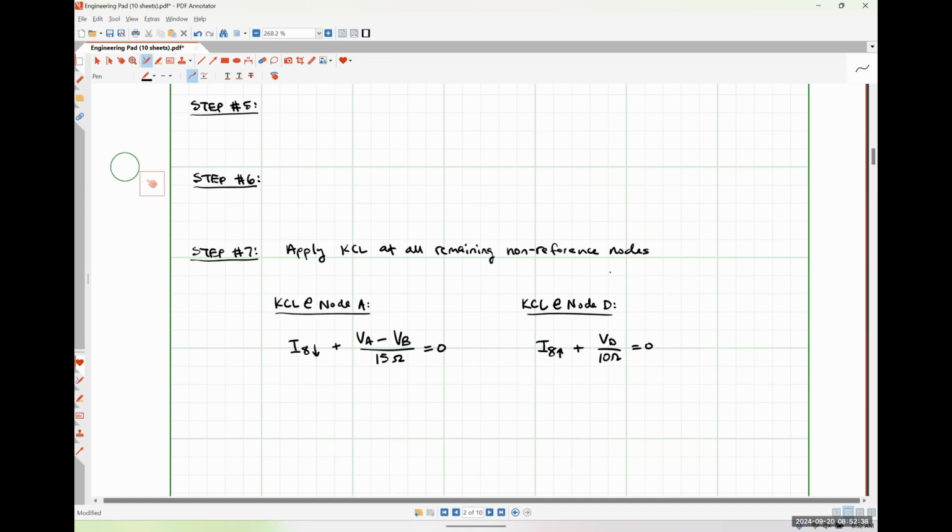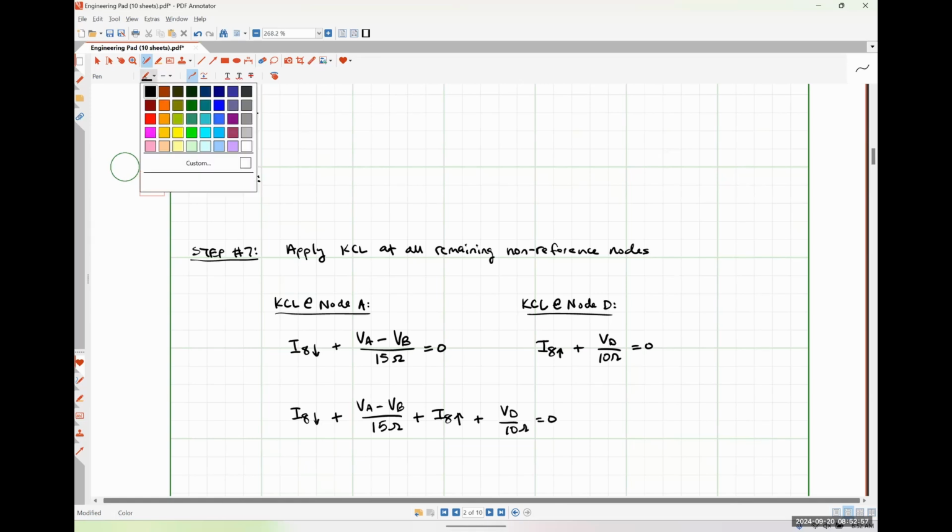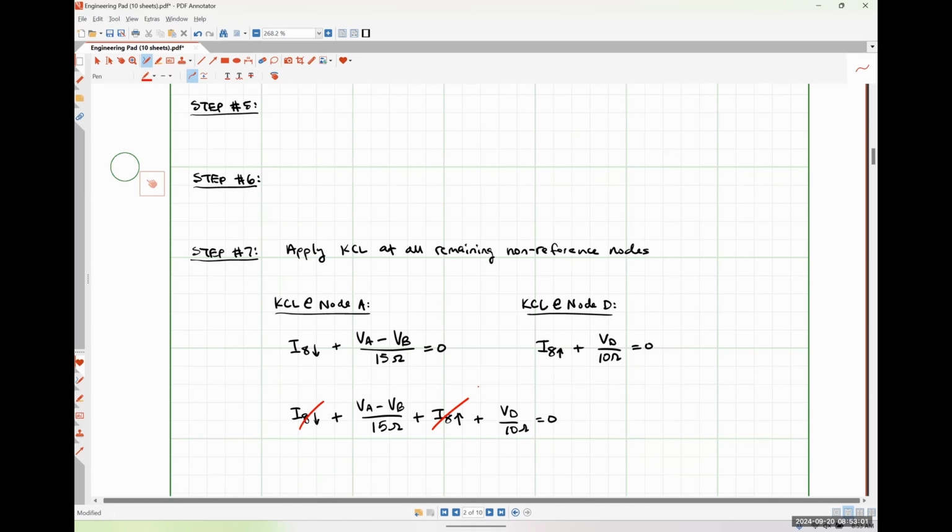So if I did that, I would literally just wind up with I8 down plus VA minus VB over 15 ohms plus I8 up plus VD over 10 is equal to 0. And I8 down and I8 up have to cancel each other out because they represent the exact same current flowing in opposite directions. So I'm left with just VA minus VB over 15 plus VD over 10.